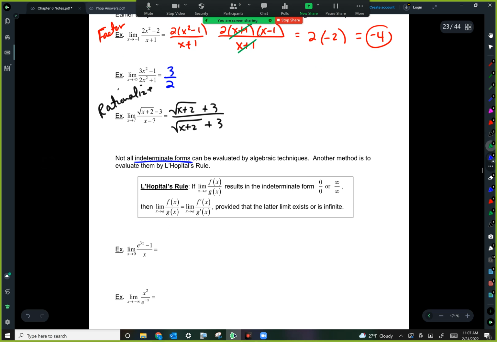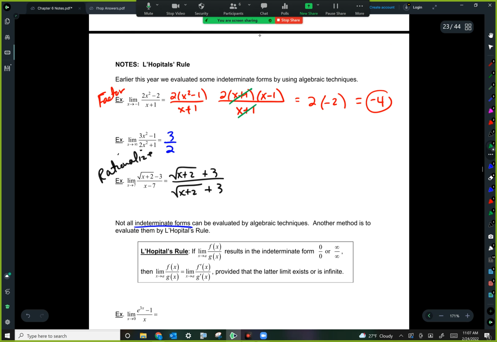Well, if you were to go back up to the first one, when I actually substituted, all I really did was look at the denominator and saw that I had 0. But if I had substituted into the numerator, do you see that I would have ended up with 0 over 0? On the second one, again, because that's what we always try first, if you substituted on the top, if you put in infinity, you'd have infinity squared.